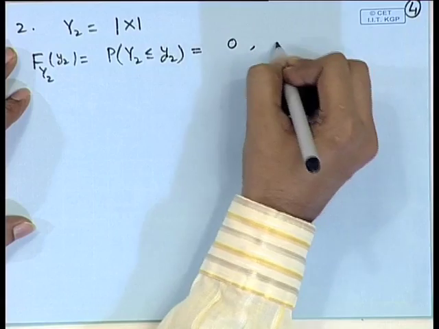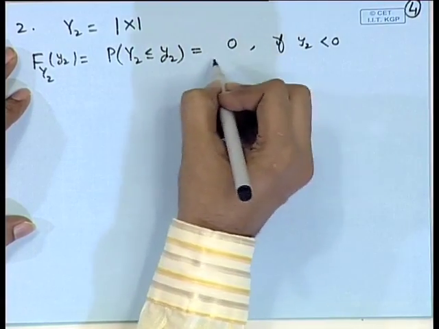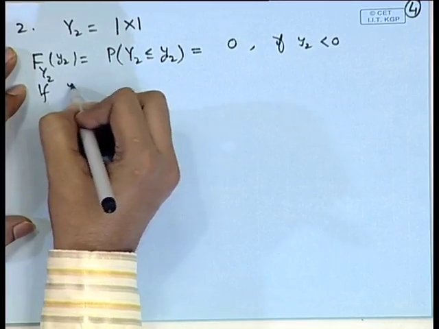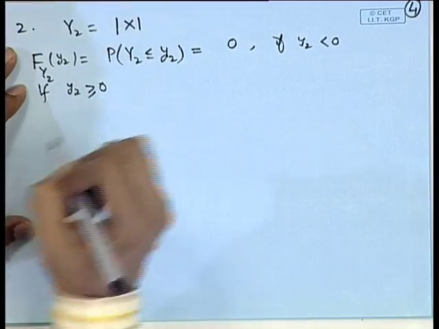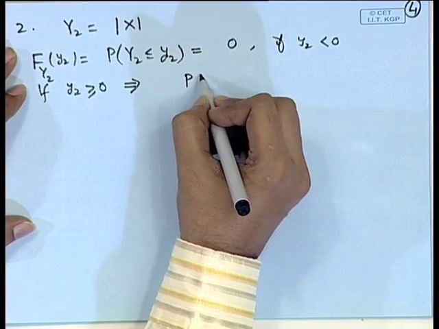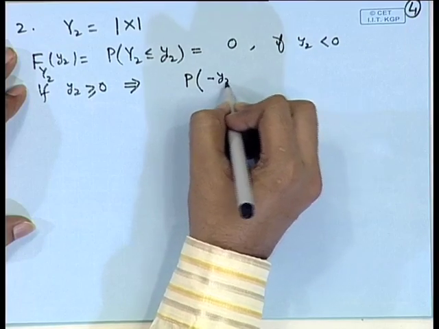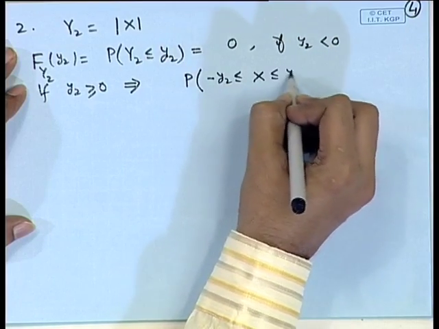So, this is 0 if y 2 is less than 0. Now, if y 2 is greater than or equal to 0, then we can express this as probability of minus y 2 less than or equal to x less than or equal to y 2.